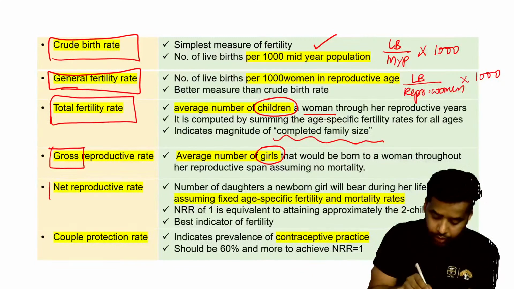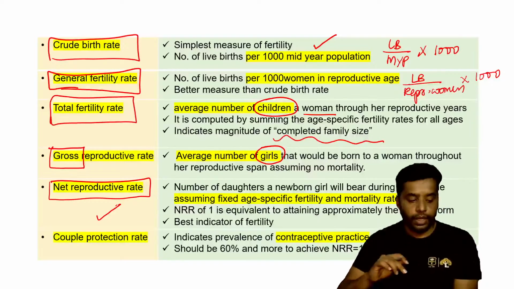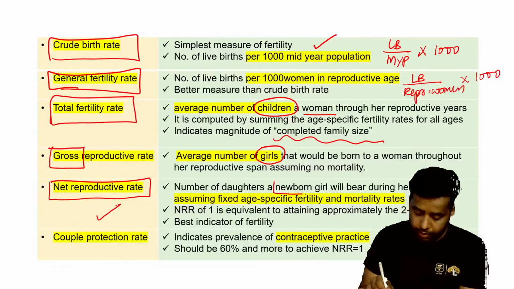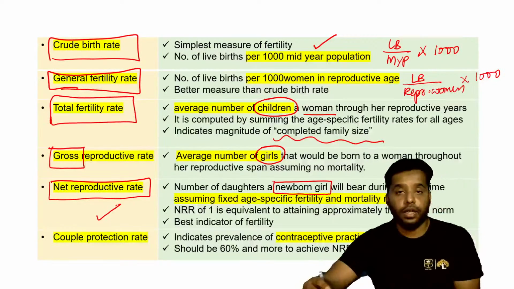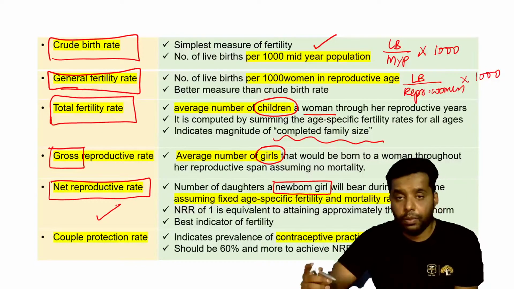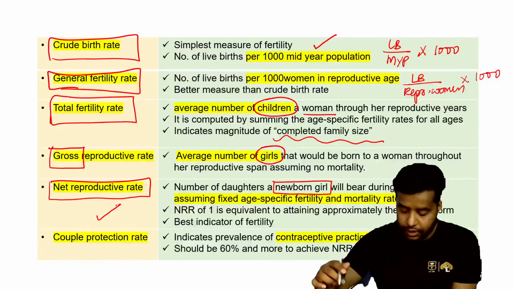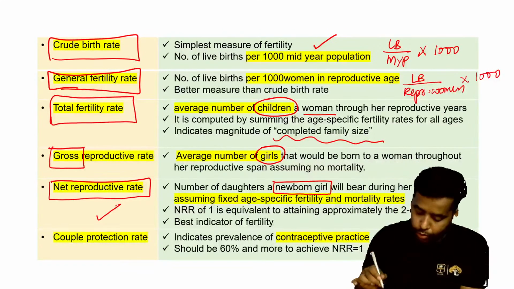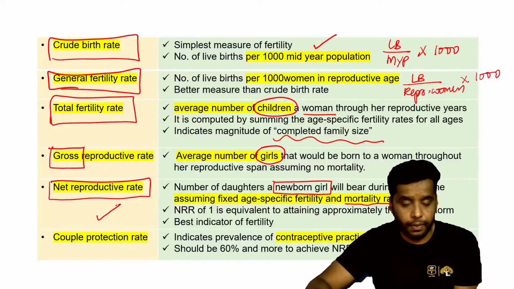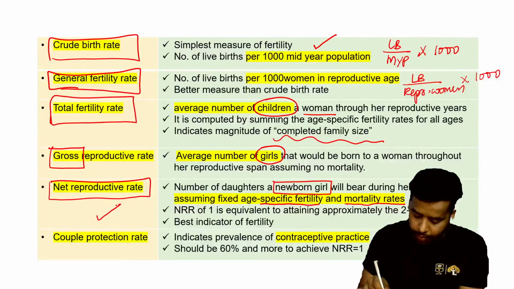Net reproductive rate is very, very important. It is the number of girls a newborn girl will have in the future. Since I am starting with a newborn girl and checking how many girls she will have in the future, both mortality pattern and fertility pattern are considered. What is the mortality pattern of females in that population, and what is the fertility pattern?